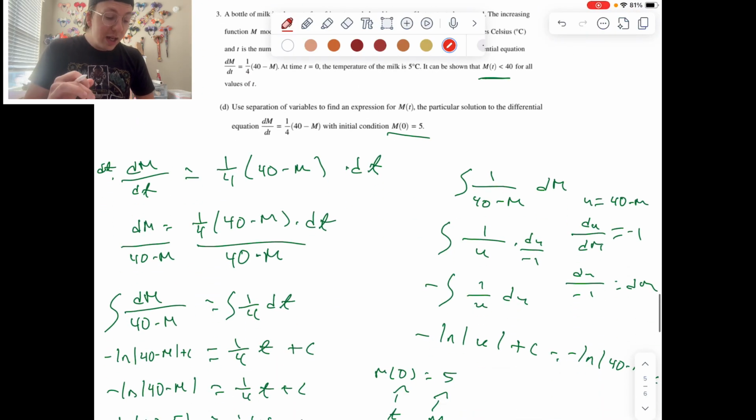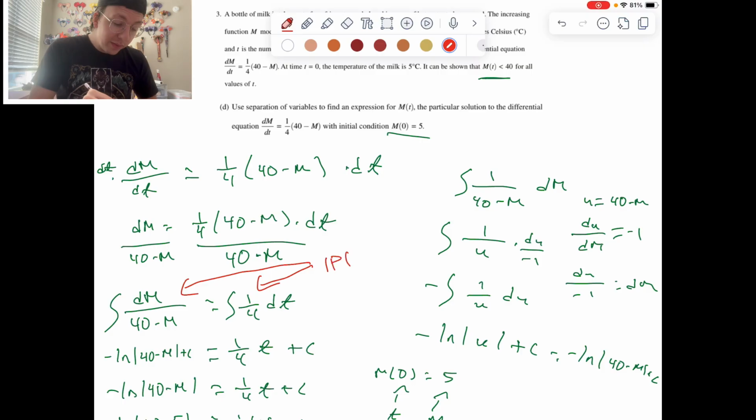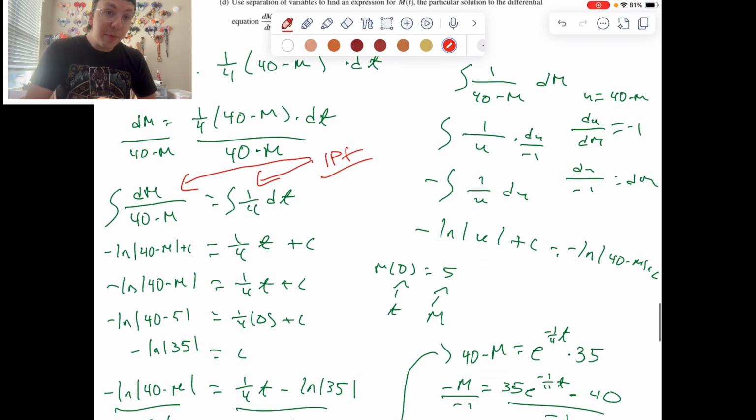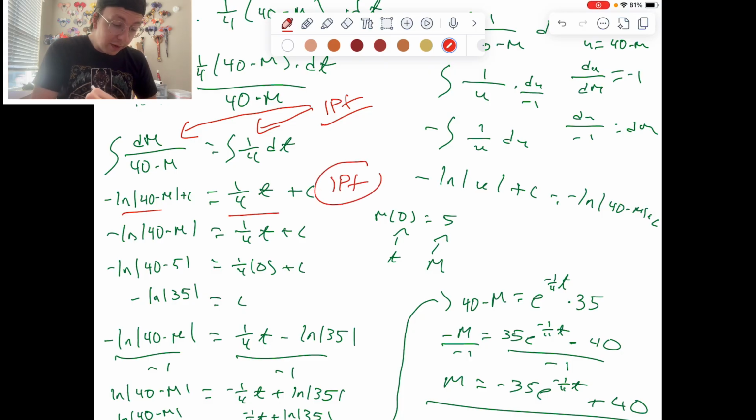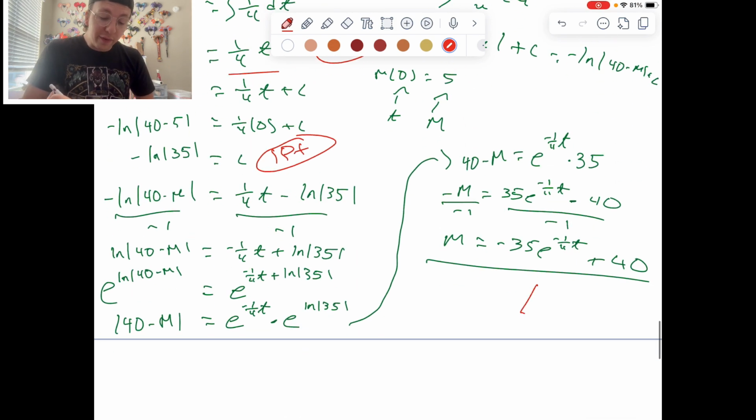And lastly, on this last problem, you got 1 point if you correctly separated your variables. You got another point if you correctly found both antiderivatives on both sides. You got 1 point if you found your constant using your general term, and you got 1 point for your final answer.